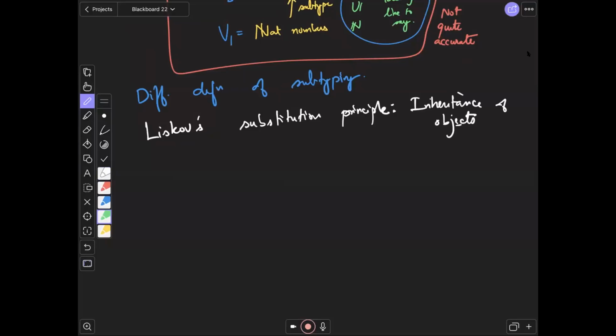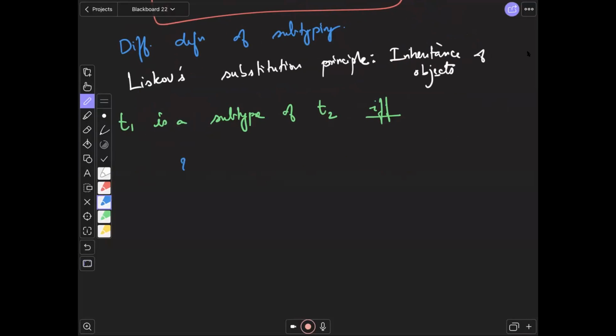So T1 is a subtype of T2 if and only if, and this is what the principle says, wherever a value of type T2 is required, a value of type T1 can be provided.